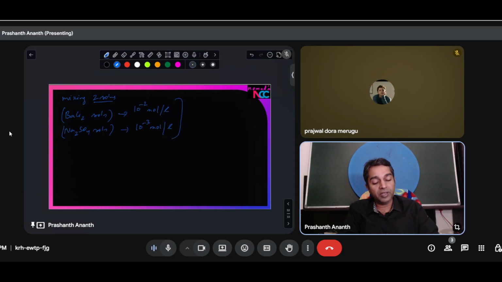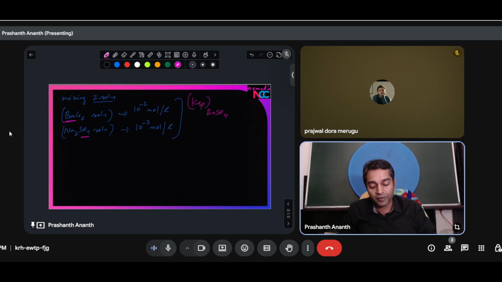They will ask you something like this. They will give you KSP of barium sulfate. They will ask you, if I mix these two solutions, some different volumes they will give you, if I mix the two of them, will I get a precipitate of barium sulfate? Yes or no? How do you proceed there? You will have to sit and calculate each fellow's concentration individually. Which two fellows?